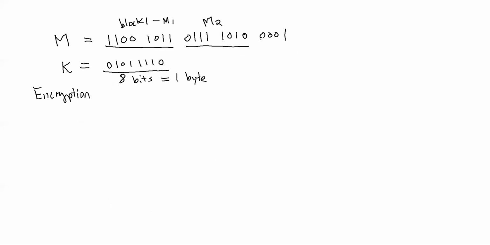Now when we go down to the next one, we don't have enough bytes. So that means we need to pad. We do some padding by putting some extra bits so that now we can have M3.